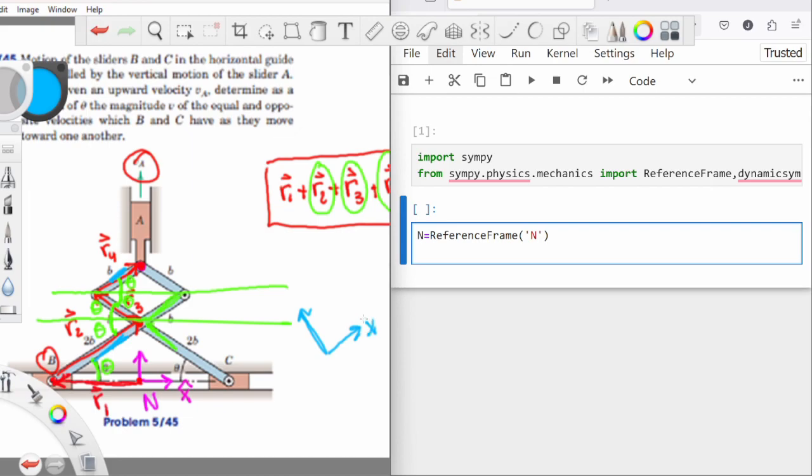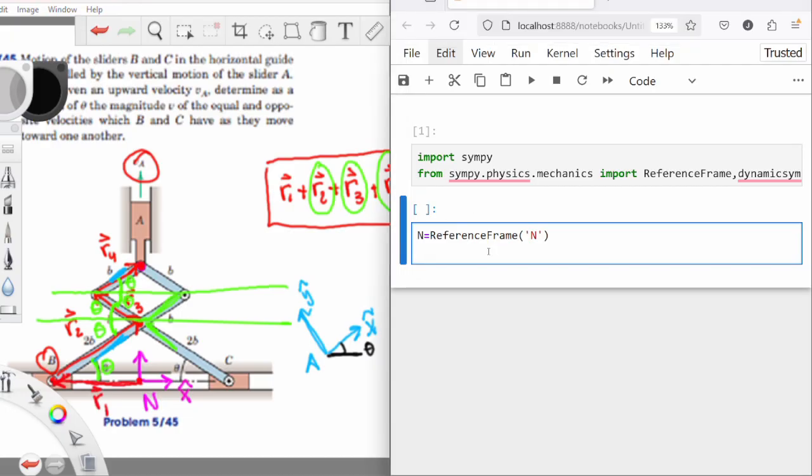This is our x hat for the reference frame. Let's call that reference frame A, and this will be our y hat for reference frame A. And then you can see that the angle between the horizontal axis and the x hat axis of A is theta, so that we write N.orient_new.